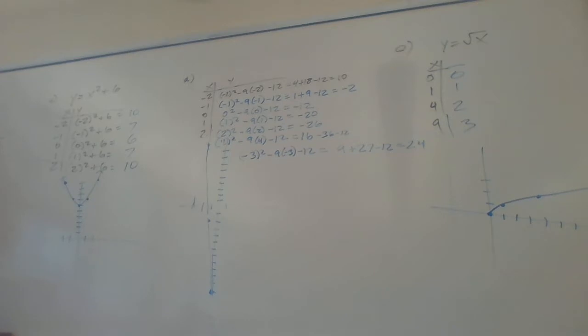Square root of 0 plus 5, square root of 1 plus 5, square root of 4 plus 5, square root of 9 plus 5. What's the first one? 5. This one? 6. This one? 7, because square root of 4 is 2 plus 5 is 7. Now it's 8.